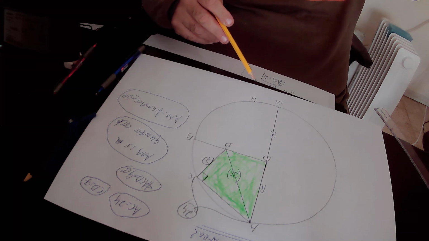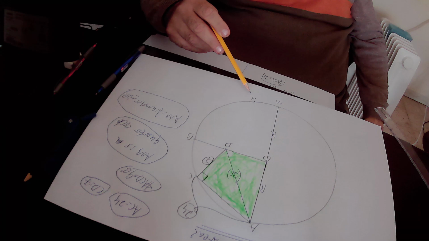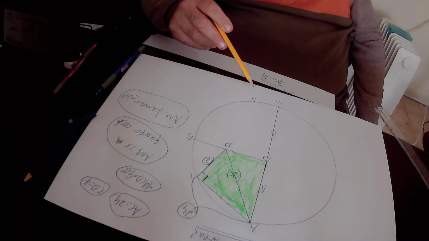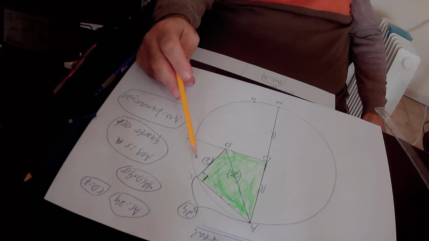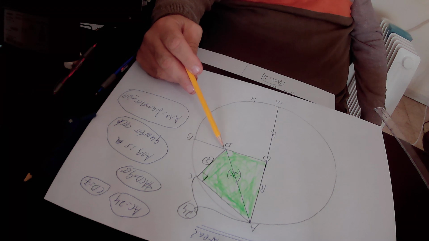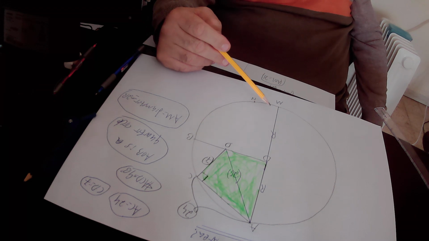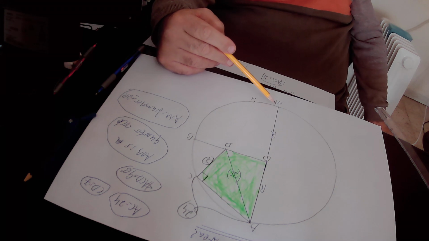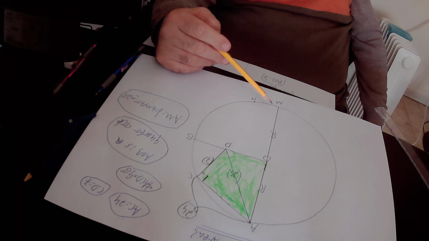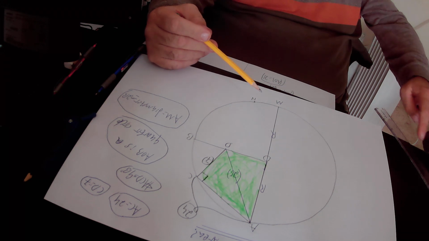Okay, due to the contradiction to rule number 5, we must conclude that the extended side CD must touch the circle at point M, and only at point M, and not in any other point. Otherwise, we get a contradiction to rule number 5.